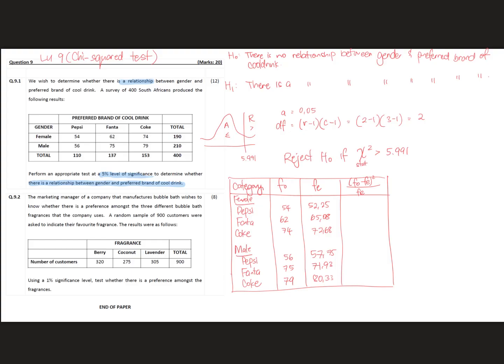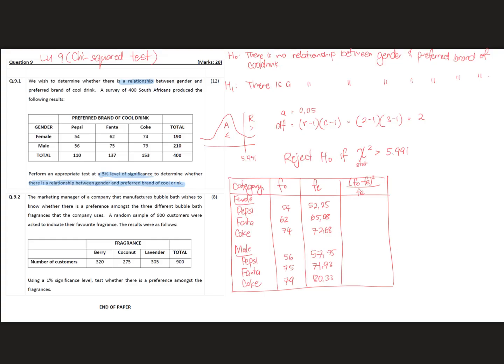All right, so now in the last column, all we're going to do is literally follow what that heading says. It says, take the value of FO minus the value of FE, square it, and then it's over FE. So for example, and I'm just going to write out the first one here, you're going to say FO is 54 minus FE, its respective FE is 52.25.